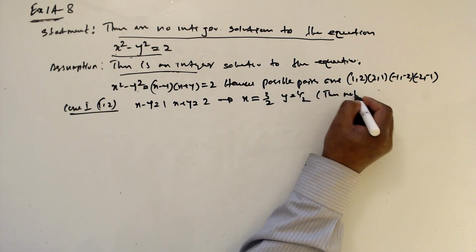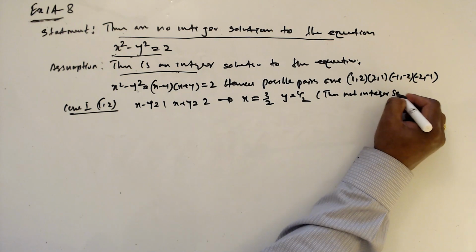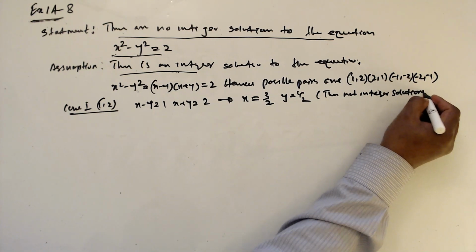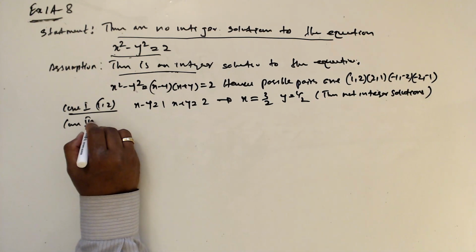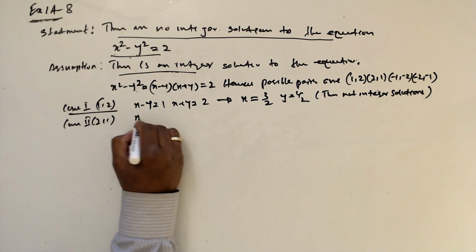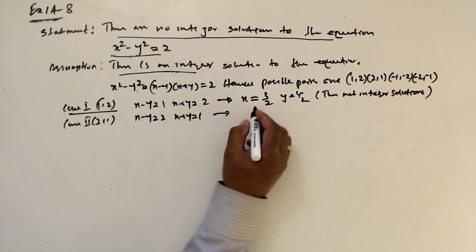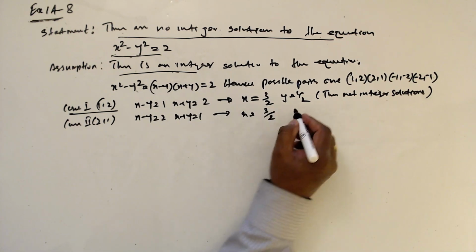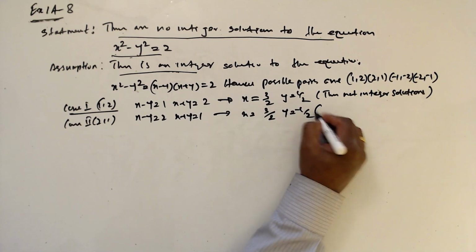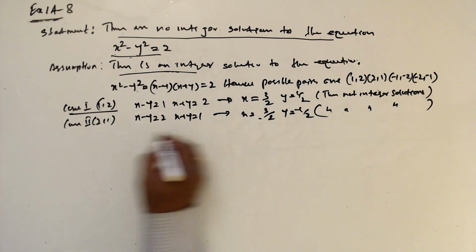They are not integer solutions. Case 2: 2, 1. So x minus y equal 2, x plus y equal 1. Then x equal 3 over 2, y equal minus half. So they are not integer solutions.